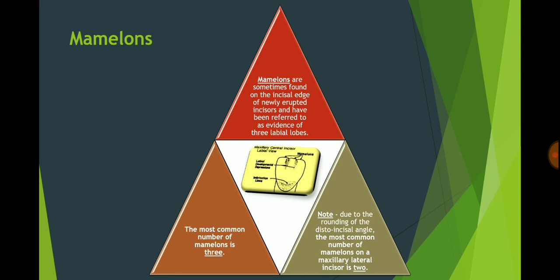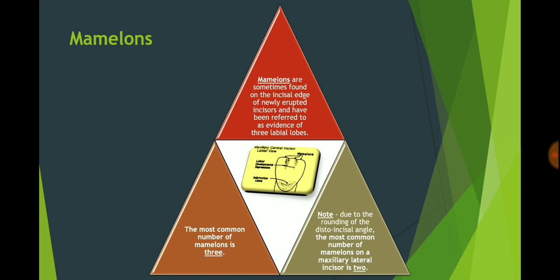Mamelons are sometimes found on the incisal edge of newly erupted teeth and have been referred to as evidence of 3 labial lobes. Remember, there are 3 labial lobes and 1 lingual lobe, which forms the cingulum. When those lobes come together, they form developmental depressions, which make the mamelons appear.